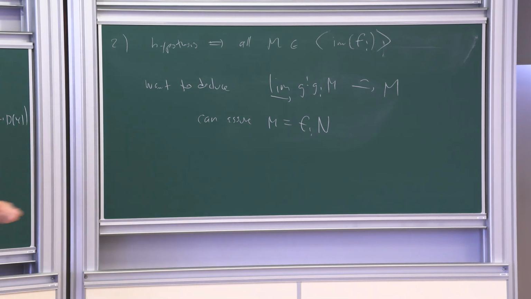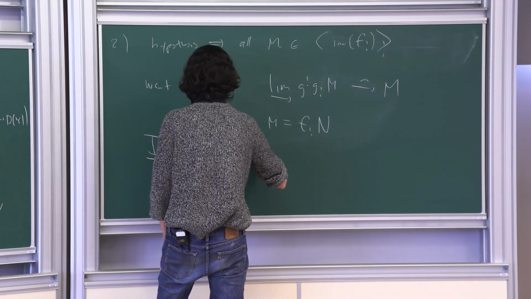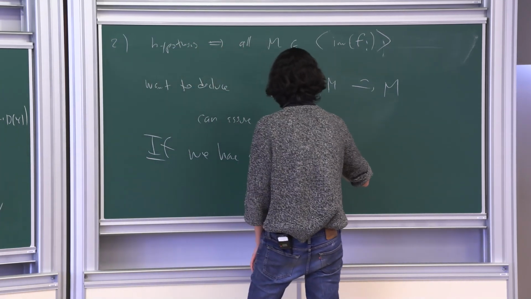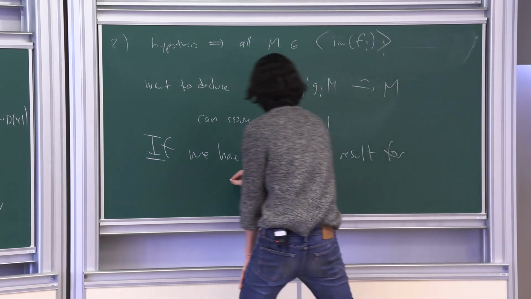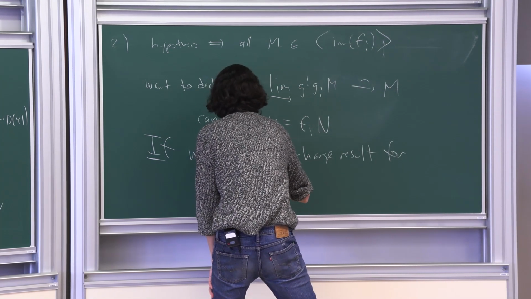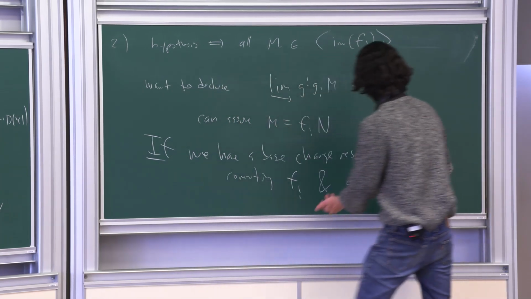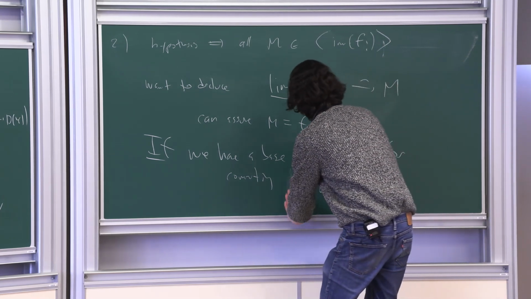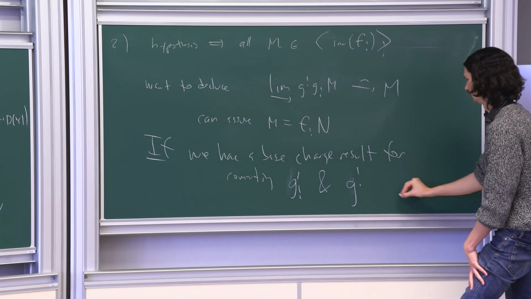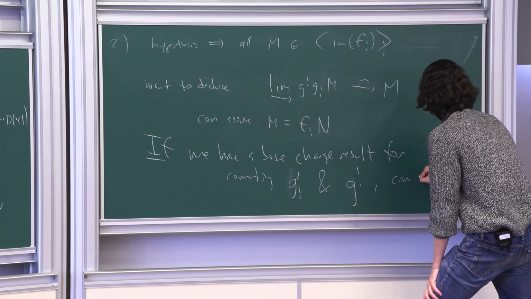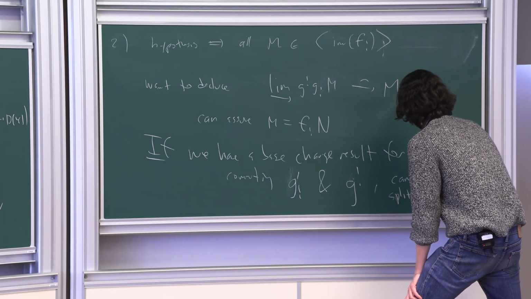And then if we have a base change result for commuting f lower shriek and say some g prime lower shriek and g upper shriek, then we can reduce to a split situation.